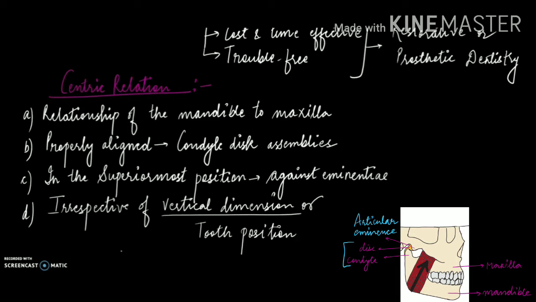It means that centric relation is the relationship of mandible to maxilla when the properly aligned condyle disc assemblies are in their superior-most position against their respective eminentiae, irrespective of the tooth position. We will discuss each one of these points separately in further slides.